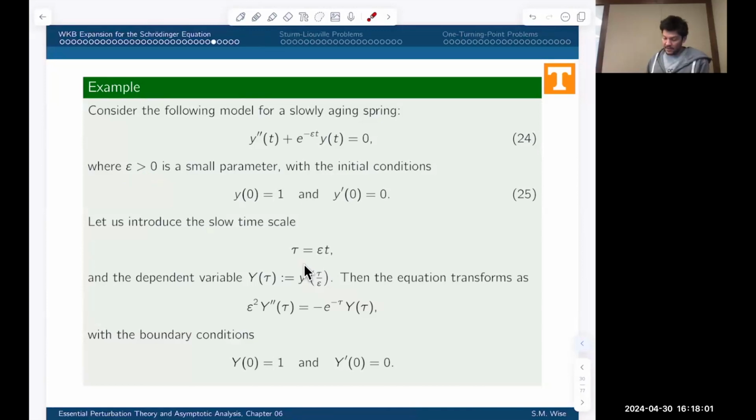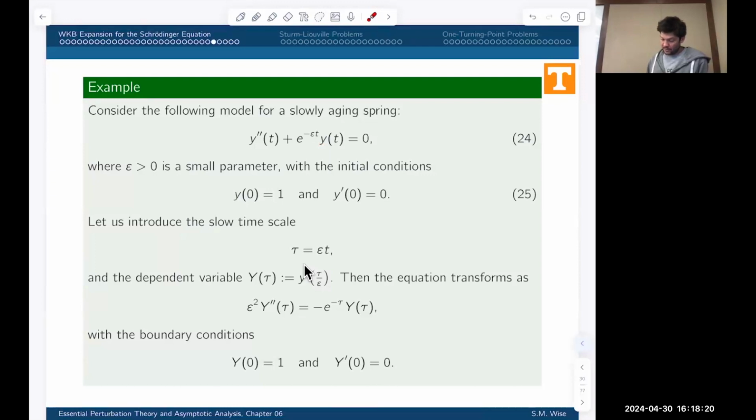Let's pair that with the initial conditions that y at 0 is equal to 1. That's the initial position. And the initial velocity is equal to 0. I want to rescale this problem so that this term in the middle doesn't depend on epsilon.